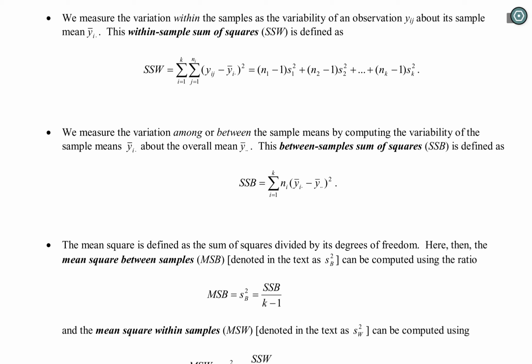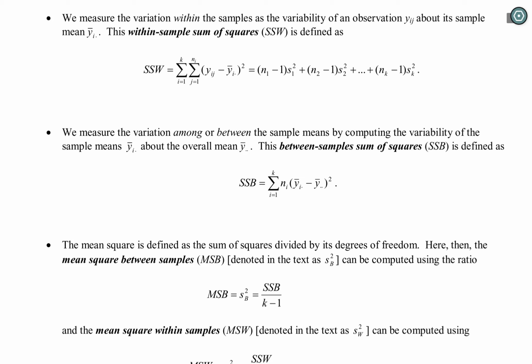That first quantity there is called SSW, or the within sample sums of squares. And this measures variation within the samples, as opposed to variation overall. Sometimes it's called SSE in other settings, error sums of squares. But it just basically looks at, if we're within a given sample, what's the disparity measure.